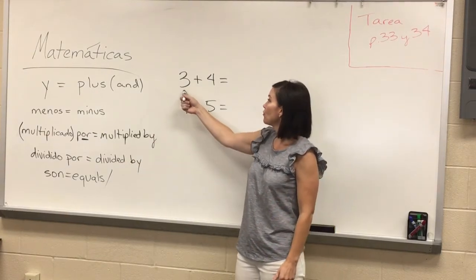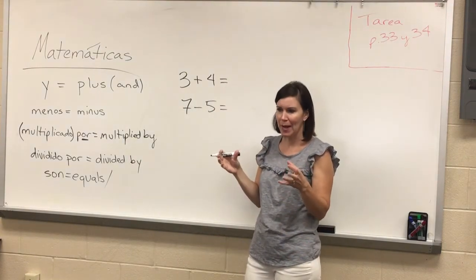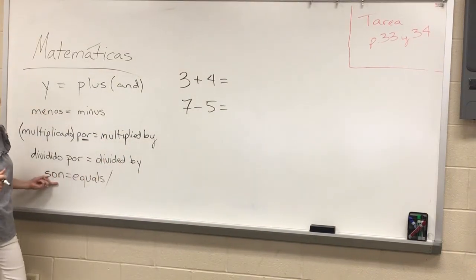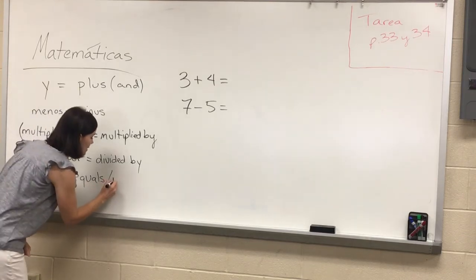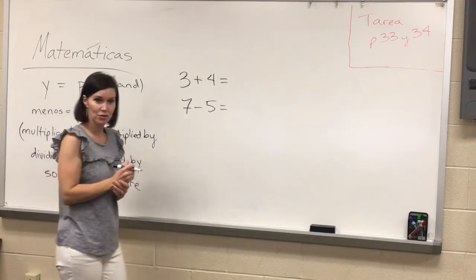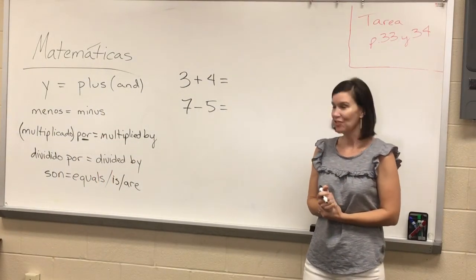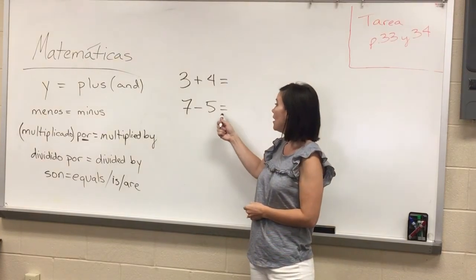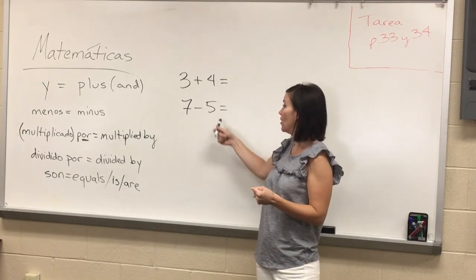So 3 plus 4 are, or is. I want you to know that also, because it's going to help you. This is a word that we're going to actually use quite a bit apart from math. So it also means is or are. Okay? So write that down. 3 and 4 are 7. Or 7 minus 5 is what we usually say, but are is also a way you could say it.